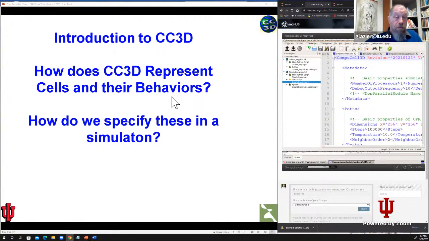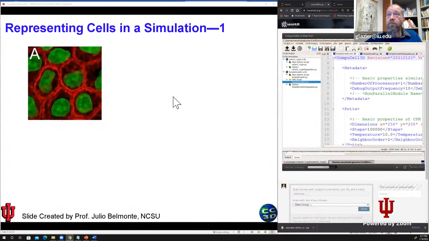Okay. So that's how we create a space in which we're going to do our simulation. And now we have to create cells and specify what they're going to do. Now, here's a picture of some cells. These are stained. This is probably fixed tissue, probably an epithelial tissue.